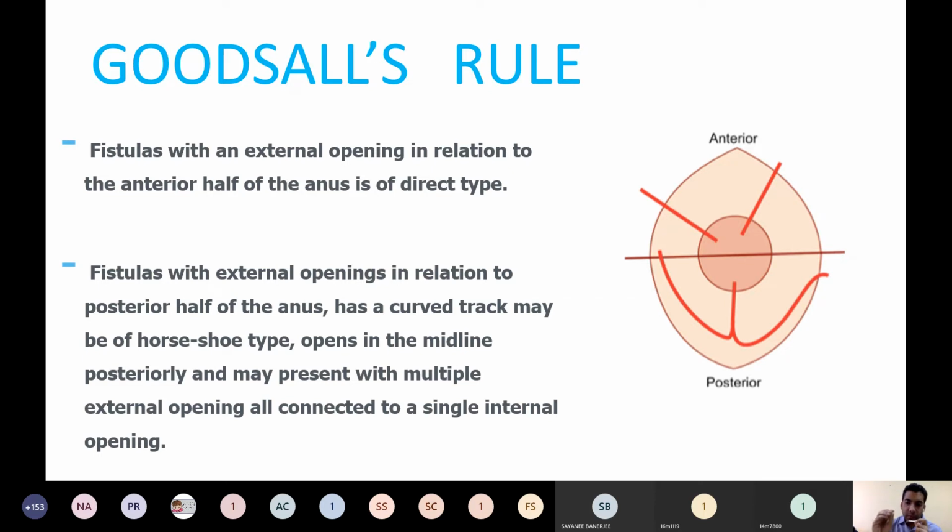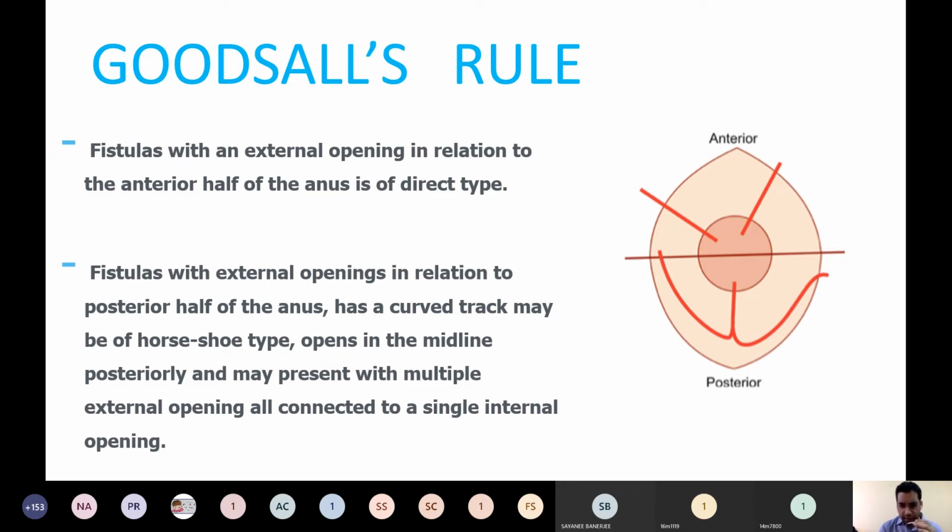Hence the same thing while describing hemorrhoids also, we assign 3 o'clock, 7 o'clock, and 11 o'clock positions. So anterior will be your 12 o'clock, posterior will be 6 o'clock, and then there is an imaginary line drawn between 3 o'clock and 9 o'clock. Anything above this line will be anterior fistulas. Anything below this line will be posterior fistulas.